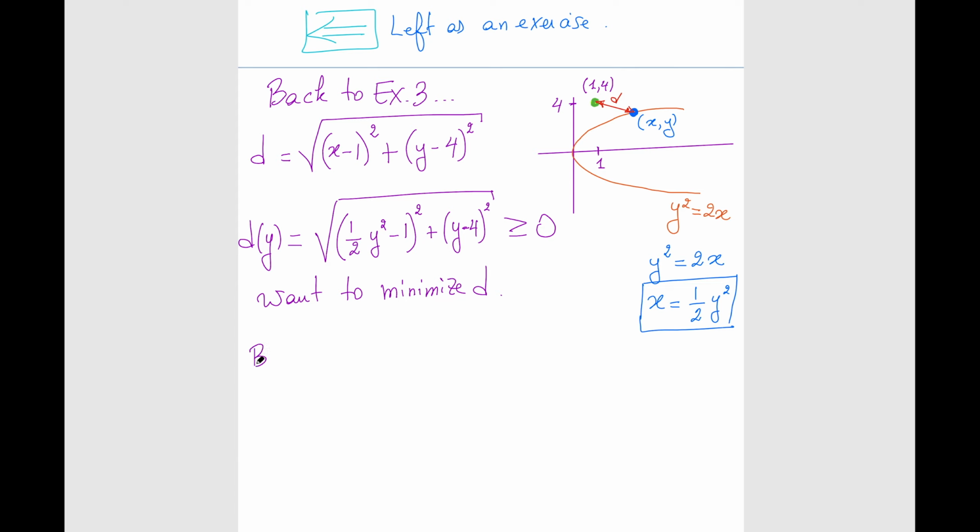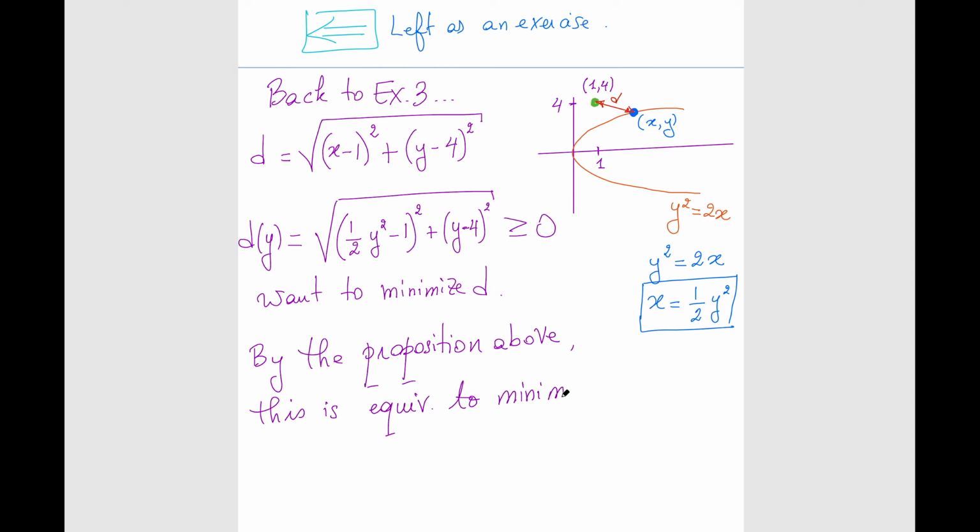So by the proposition above, this is equivalent to minimizing the function d squared. Correct?